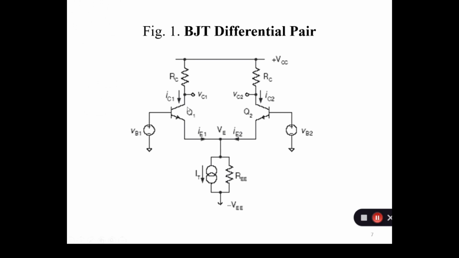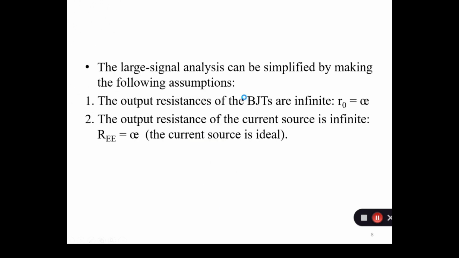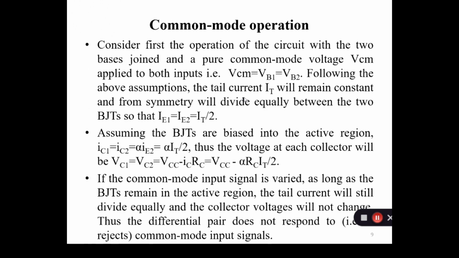So you can calculate VC1 and VC2 using this formula: VC1, VC2 equal to VCC minus IC RC. VCC is the constant voltage given to you on the top line, minus alpha RC IT by 2. I have taken it from here. So this is the value for VC1 and VC2.